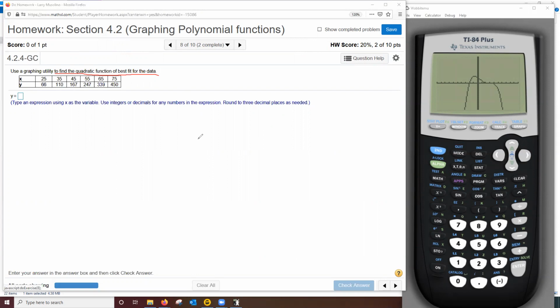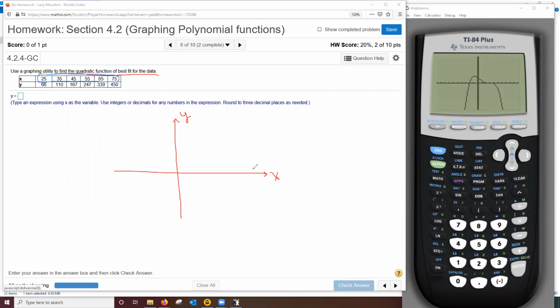All right, well, here's what they're asking us to do. Imagine I was to draw these XY points on a graph. So let me draw these XY points on a graph, okay? And let me do this just to kind of quickly graph this. I'm seeing the X values go from about 25 to 75.